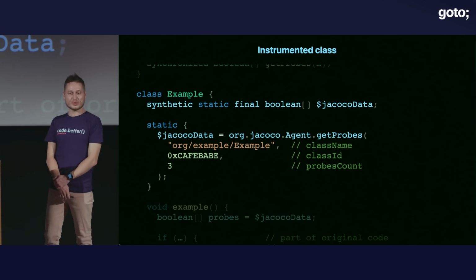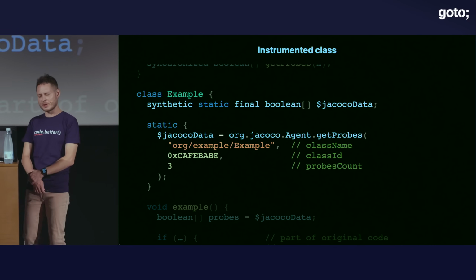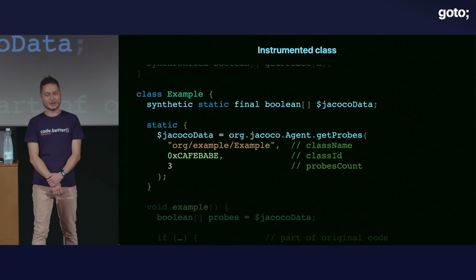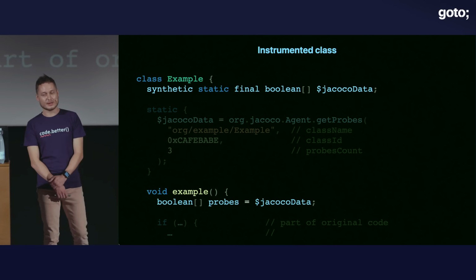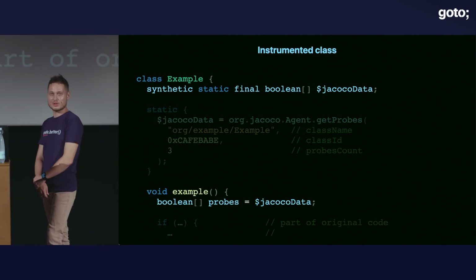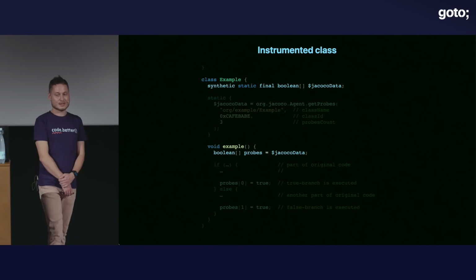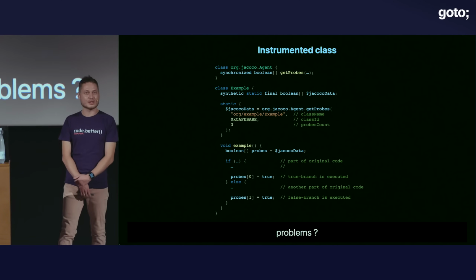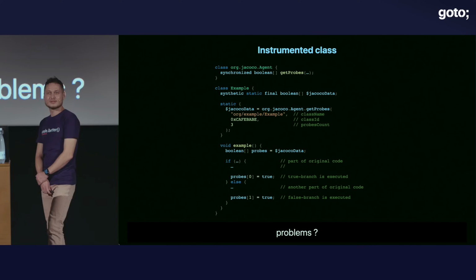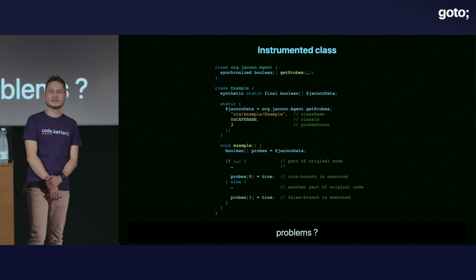And to improve performance, we're going to store this array in a field. And later on in the methods, we're going to actually store it in a local variable. Access to locals is faster than access to the field. That's it. That's how JaCoCo actually works under the hood. As simple as that. Do you see any problems with this code?